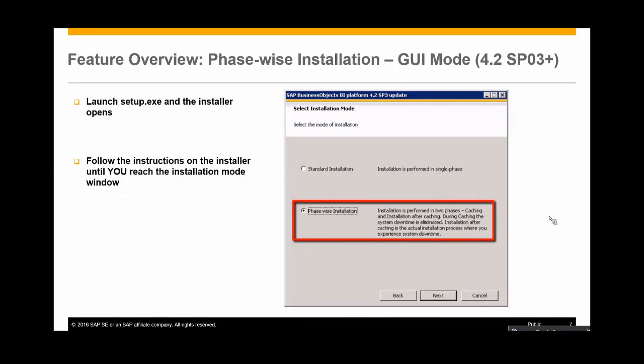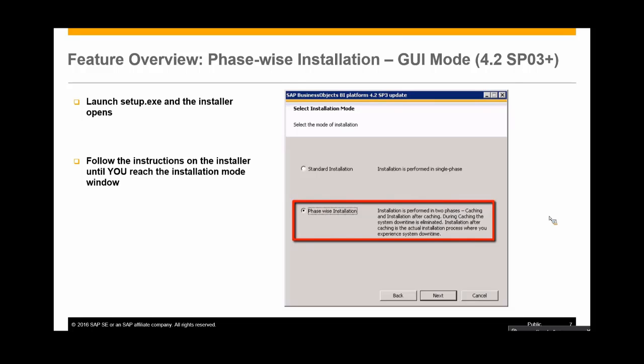To explain this feature in more detail, it is available in two modes for you to explore. One is the graphical user interface mode, which you can see on your screens once you launch the setup of the BI platform installer.